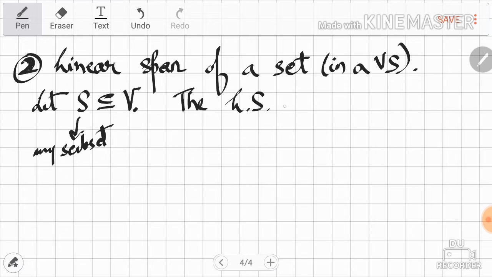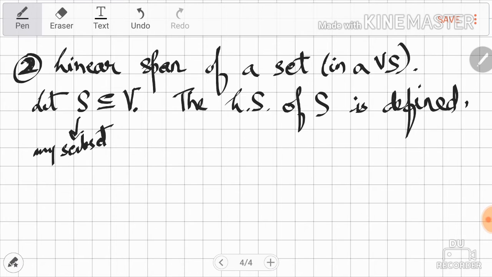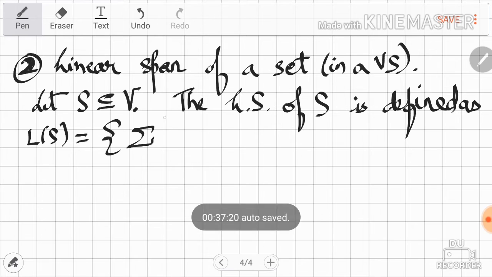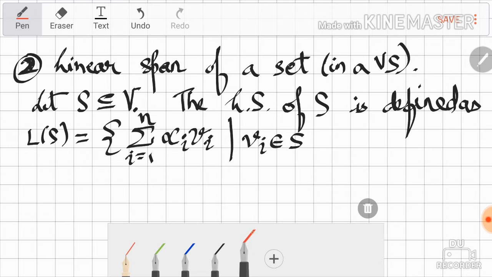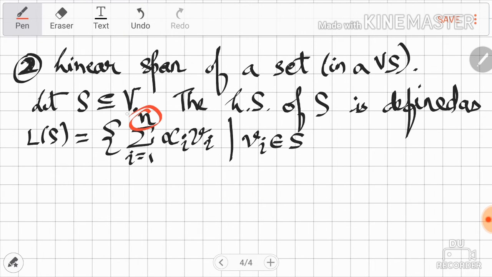So the linear span of S, L of S, is defined as the set of all linear combinations of the vectors in S. And if you notice here, when I say linear combinations, I have stopped at some n, but this n is not fixed.